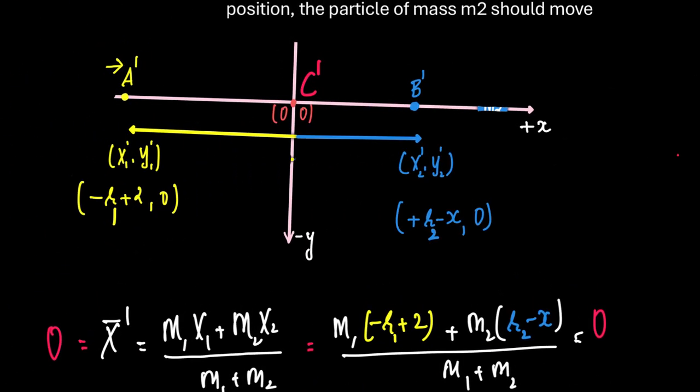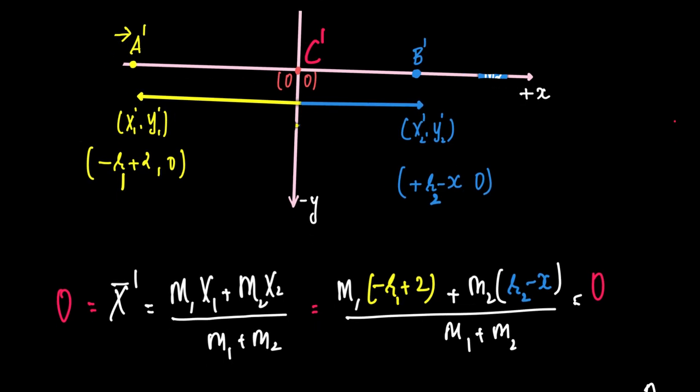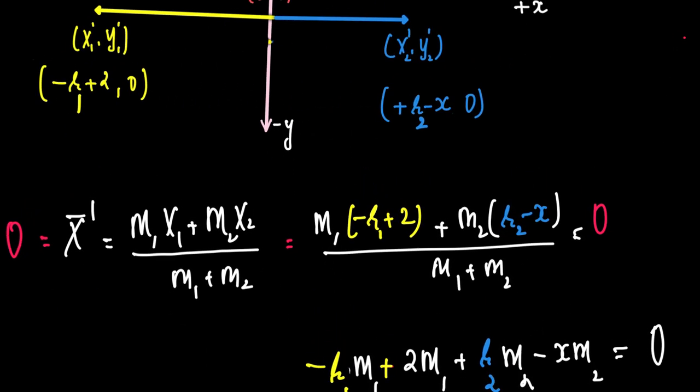So we derived two values of the coordinates, which is x1 dash as minus r1 plus 2 and x2 dash as plus r2 minus x, not x1, this is again x. Okay, keeping these coordinates in mind, x bar is equal to 0. Why? Because it is still at the origin. It's given to us as m1 x1 plus m2 x2 by m1 plus m2.